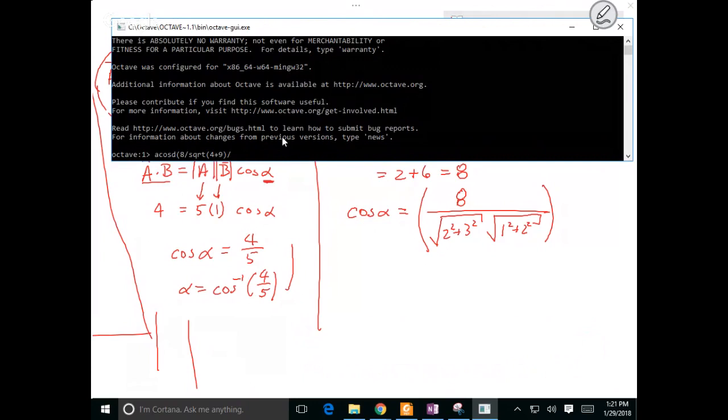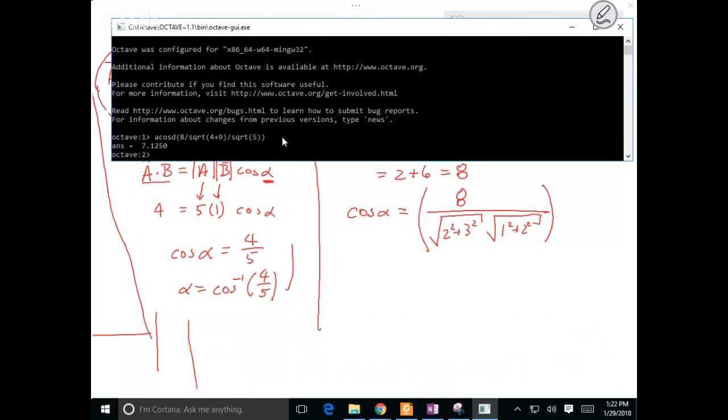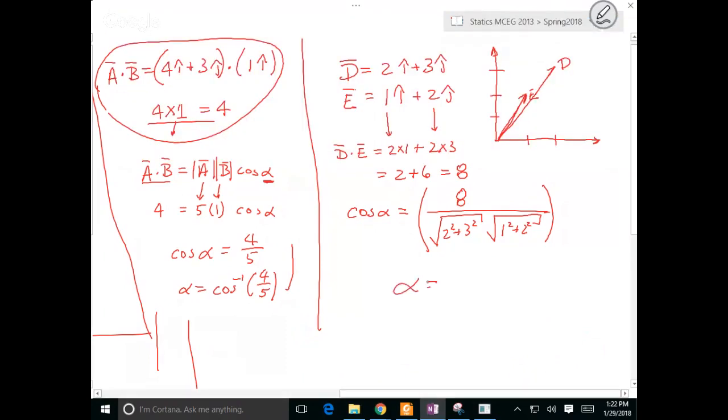And then divided again by the square root of 5. And it should come out with 7.12 degrees. Wow. So alpha is 7.12 degrees. Look how close they are. I mean, they're almost on top of each other. So that sort of makes sense.